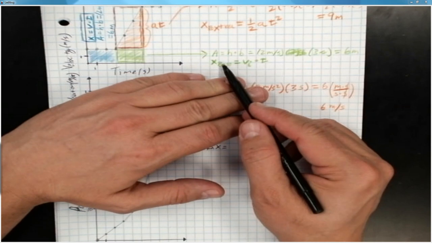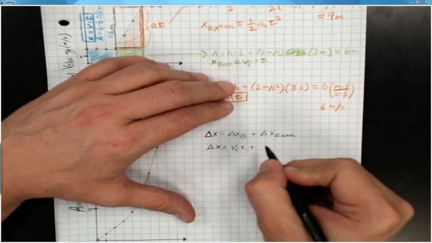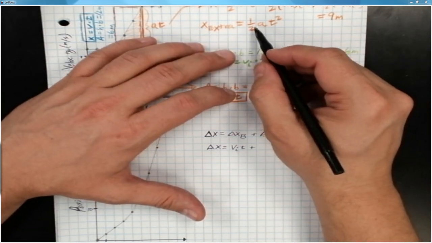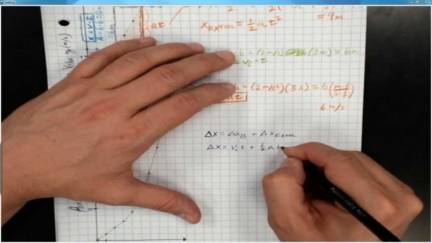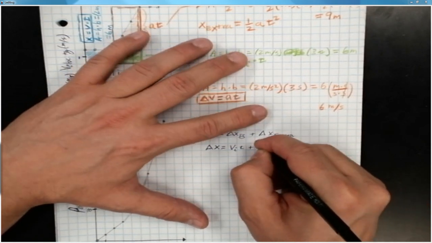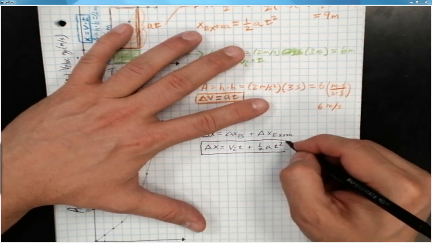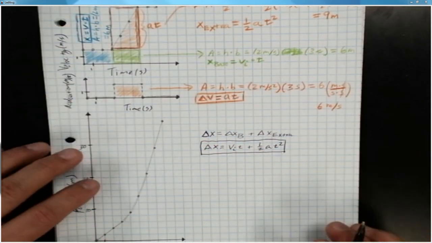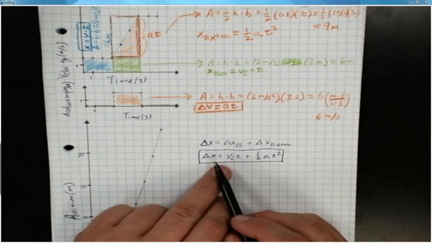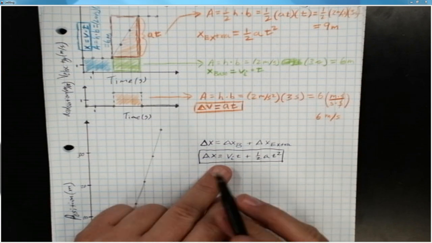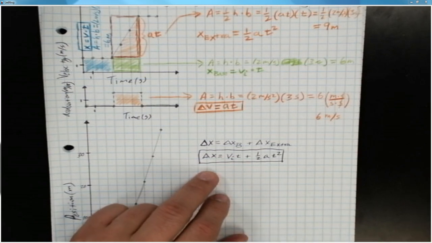My base formula is here, the initial velocity times time, plus, and my extra formula is 1/2 AT squared. And that, young people, is how you derive by graphical means the kinematic equation that does not include the final velocity.